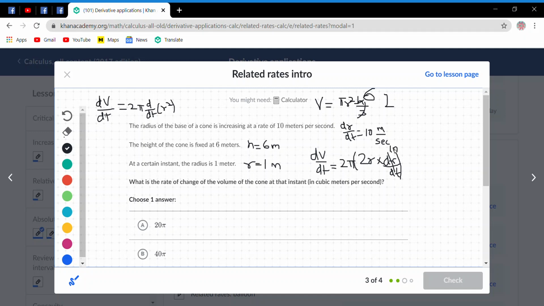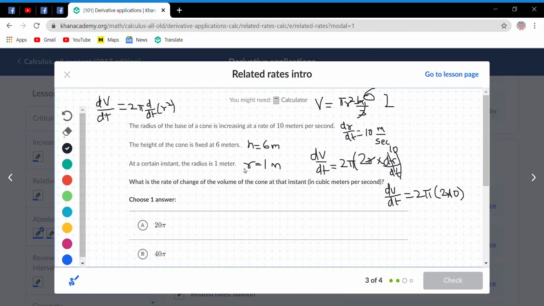We know this is 10 meters per second, and r we know is 1, so this whole thing becomes 2. Let's solve this: dV over dt is equal to 2 pi times 2 times 10. The units: this was pi r squared, this becomes 2r, so cubic meters.